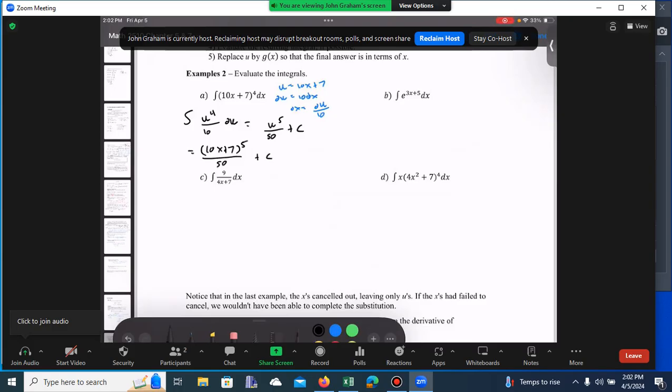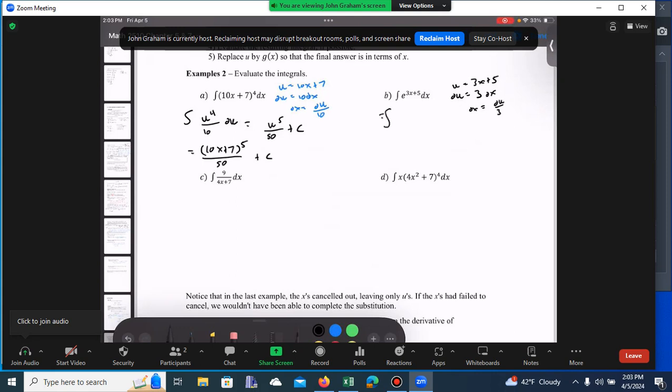Next one, we're going to let u equal 3x plus 5. So du equals 3 dx. And just like before, we don't actually have a 3 there. So we'll have to solve for just dx. We'll have du over 3. So we'll substitute everything in.